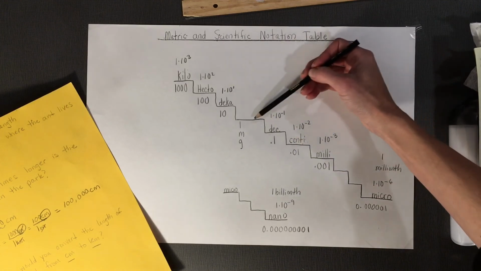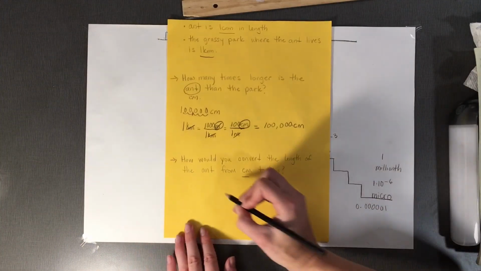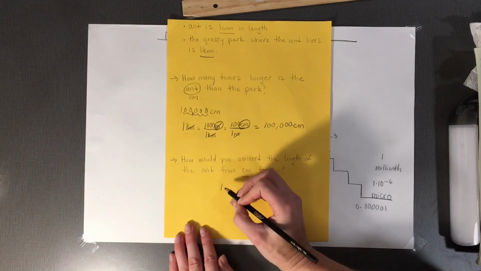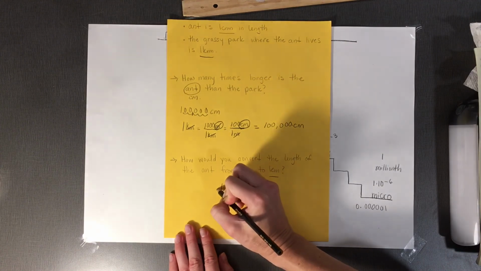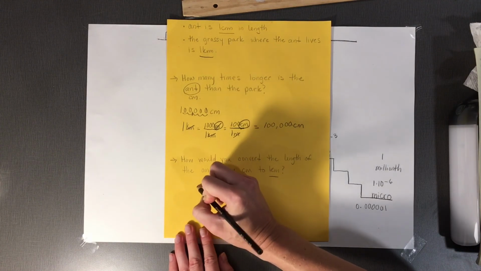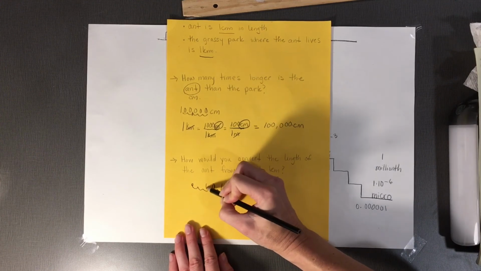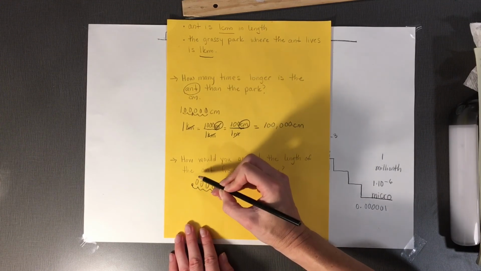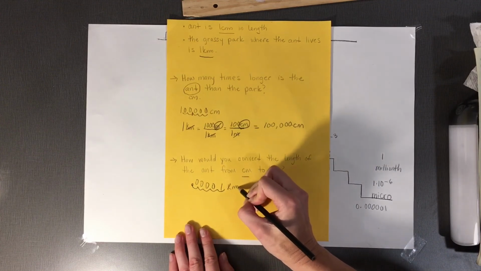You go up 1, 2, 3, 4, 5 steps. If your ant is 1 centimeter, you move the decimal point 1, 2, 3, 4, 5 places. So you have 0, 0, 0, 0. Kilometers.